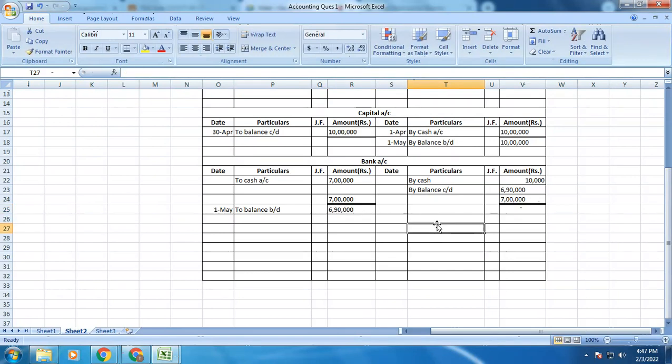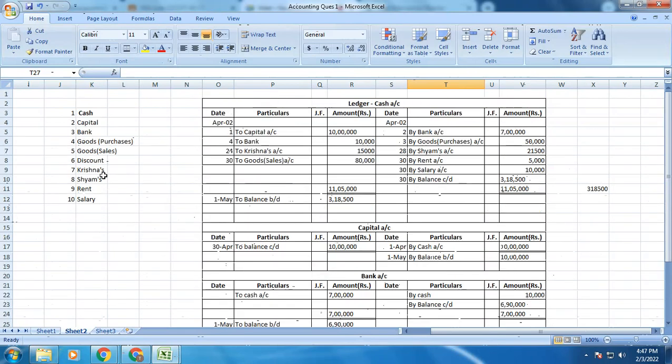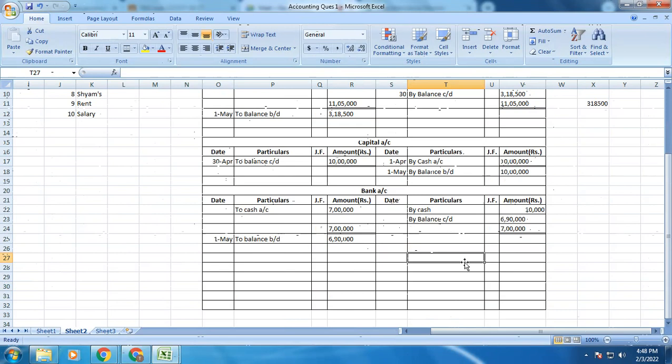Okay. So this is how the rest of these accounts have to be prepared in the ledger one by one. इसमें सीक्वेंस मैटर नहीं करती है कि आपने कौन सा अकाउंट पहले बनाया और बाद में, but you must do the recording properly and then the balancing of the accounts.